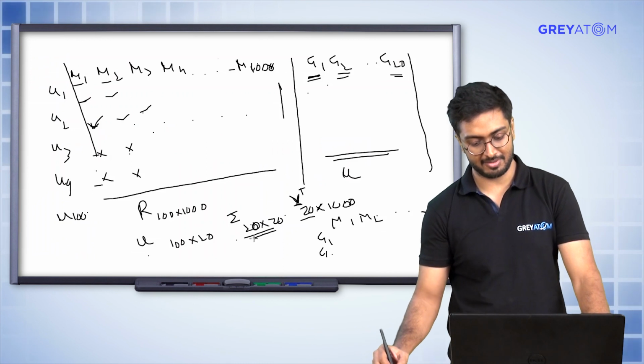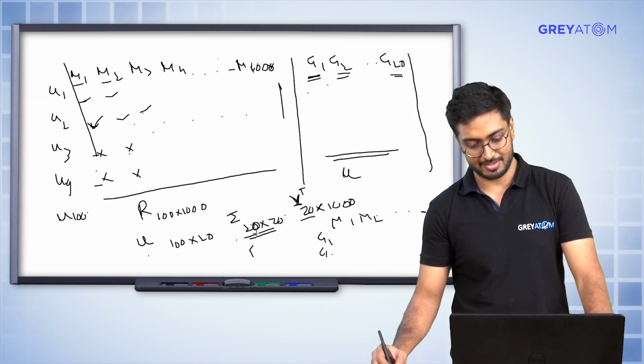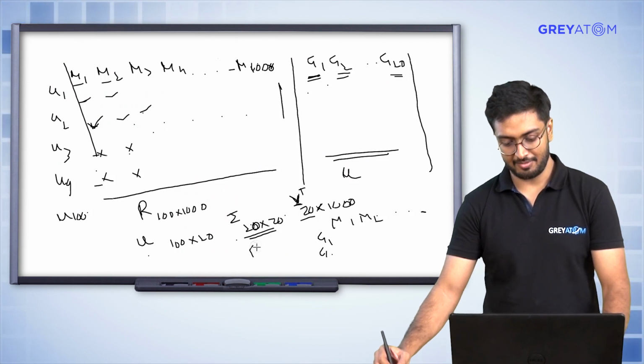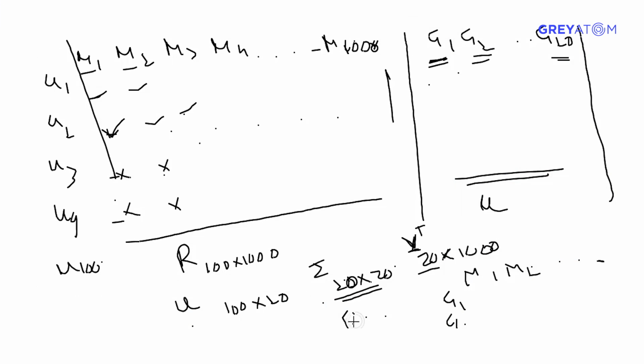Diagonal matrix, by the way, if you are not familiar, say 3 cross 3, would only have the diagonal values, right? All of the rest of the values are 0.